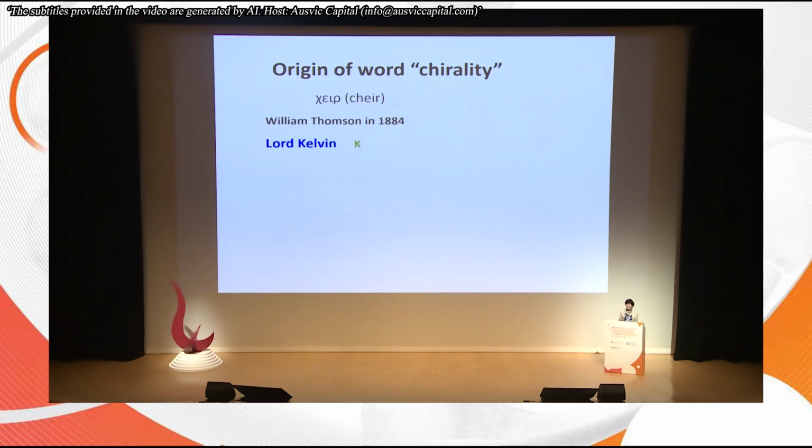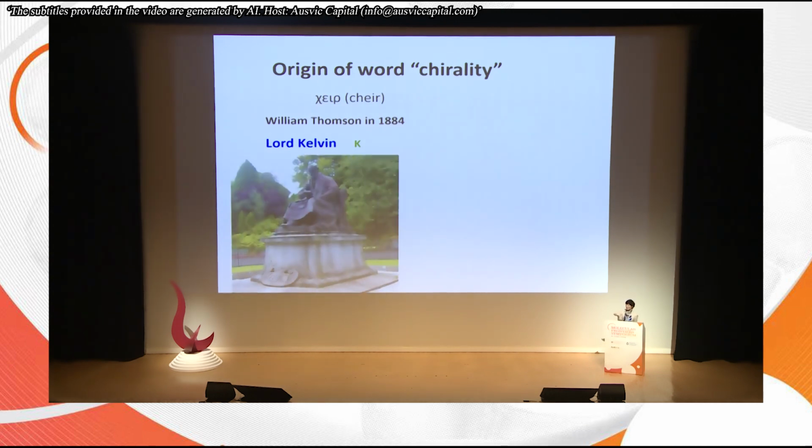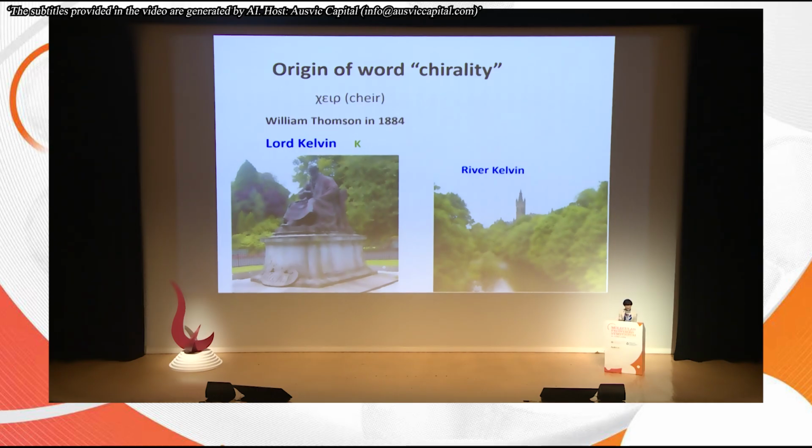It's the same one, Lord Kelvin. The absolute temperature's unit is K. Okay, so when he was knighted, instead of becoming Lord Thomson, he became Lord Kelvin. This is the statue of Kelvin at Glasgow University. Why Kelvin? Yes, this is in Kelvin Park, and the River Kelvin flows into Glasgow University.